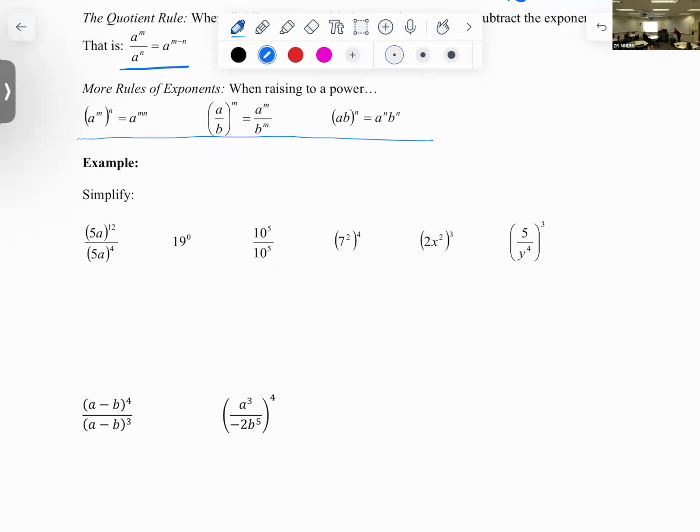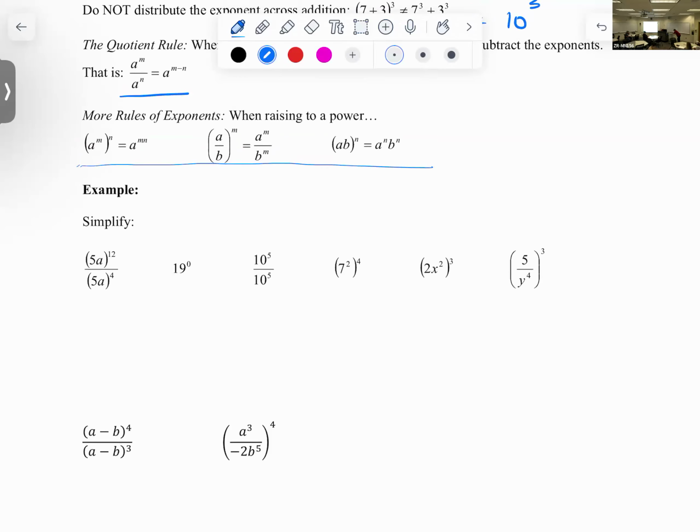Same base is the big thing, and those are the ones where we can simplify them down. So if I have 5a to the 12th over 5a to the 4th, that's division, which means I'm using the quotient rule. I can bring the denominator up, and that was 12 on the top. Since that's being divided, then it's simply just subtraction. So I have 5a to the 12 minus 4, which becomes 5a to the 8.